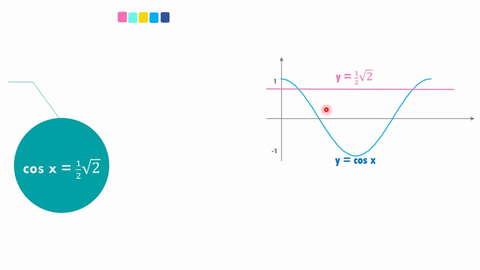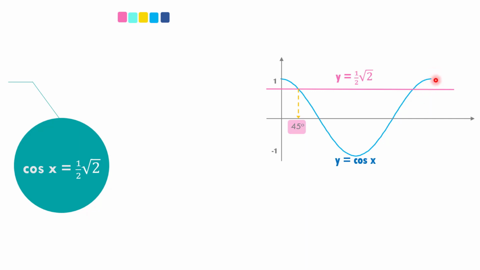We start from 1, and this is the horizontal line of y equals a half square root of 2. We see the points of intersection here. The first one is 45 degrees. How do you know it? Yes, this is a special angle where cos 45 is a half square root of 2.